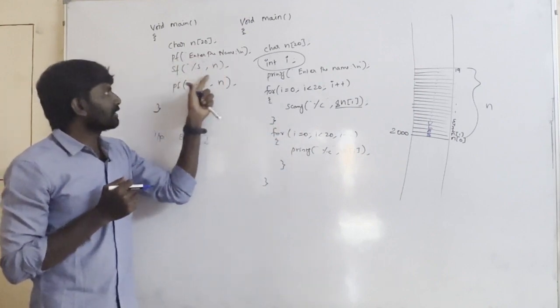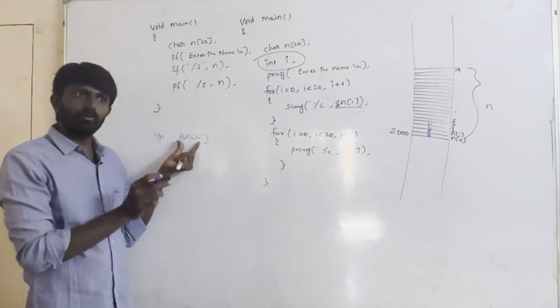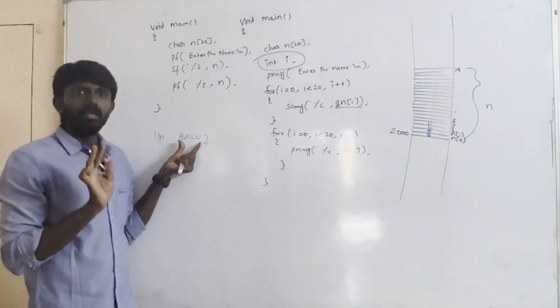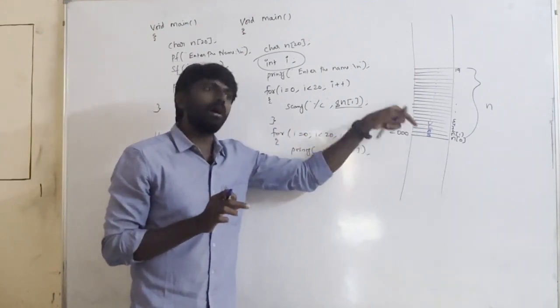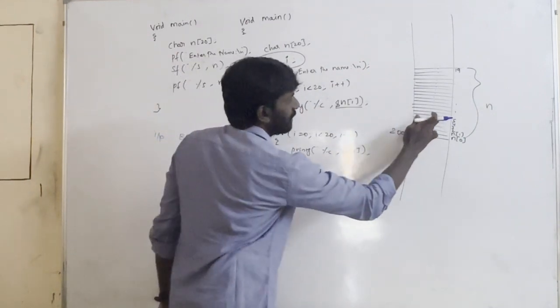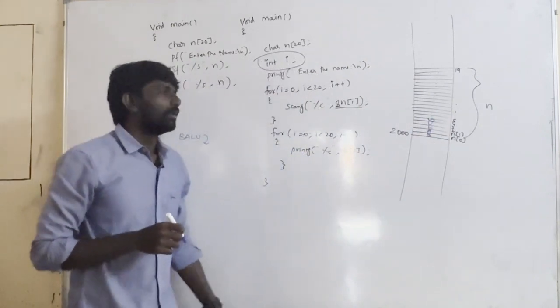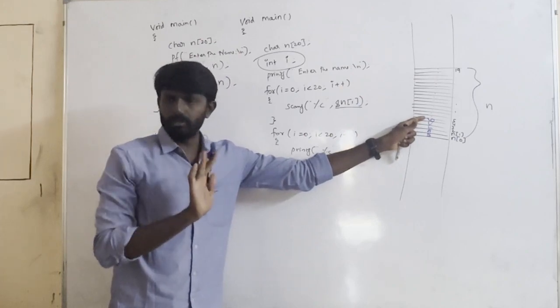You are giving only BALU and enter. It will take the BALU and store it like this, and the OS will add one extra character after the last character, that is \0.